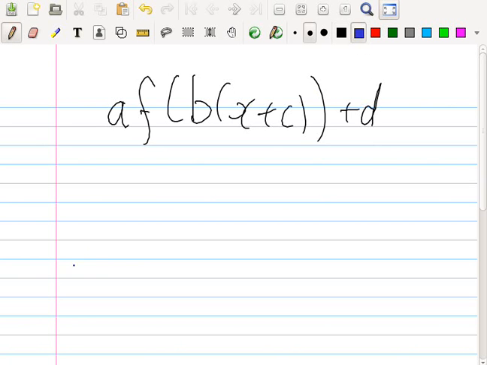What was the order I told you to go in? C, B, A, and D. Here is the correction. Here's the adjustment.